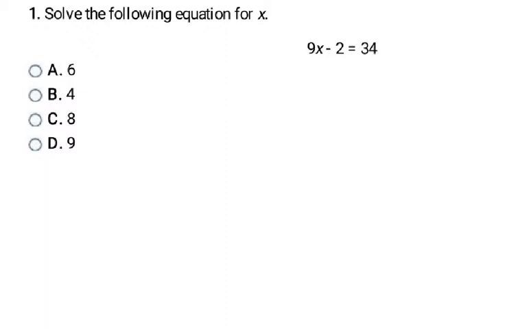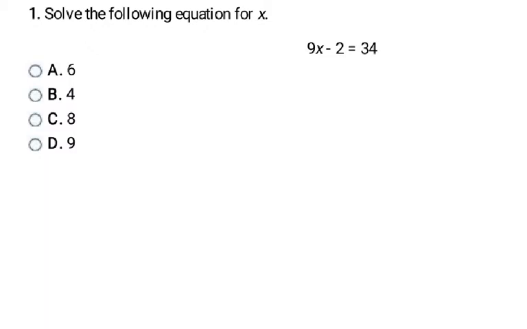So when we're doing a two-step equation, we are going to move the number being added or subtracted first. The equal sign means that both sides are the same, so we have to keep this equation balanced. Whatever we do to the left side, we also have to do to the right side.